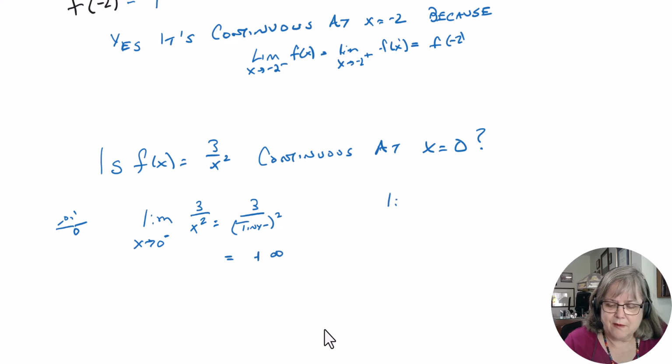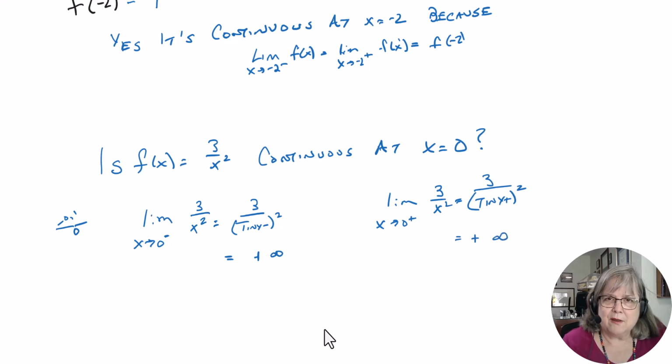And the limit as x goes to 0 from the right of 3 over x squared is 3 over some tiny positive squared, which becomes an even tinier positive. So this is positive infinity. Now, they are going in the same direction, but they are not approaching the same number.